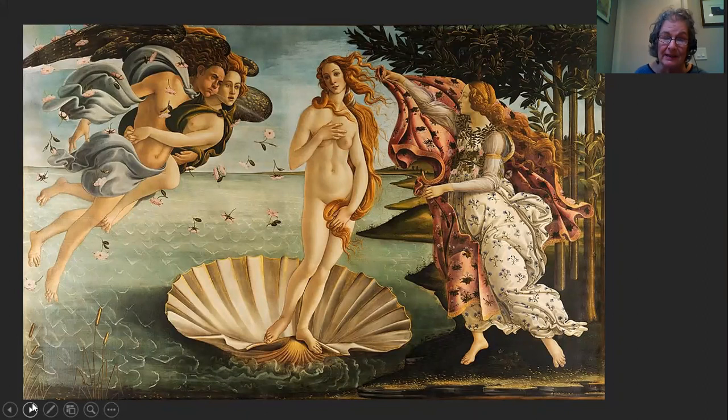Those, of course, are all scenes from the Bible. But this painting is the very first large-scale Renaissance painting with a non-religious subject, with a secular subject. And the subject here is mythology. This was never painted before, so Botticelli was really entering new territory here.